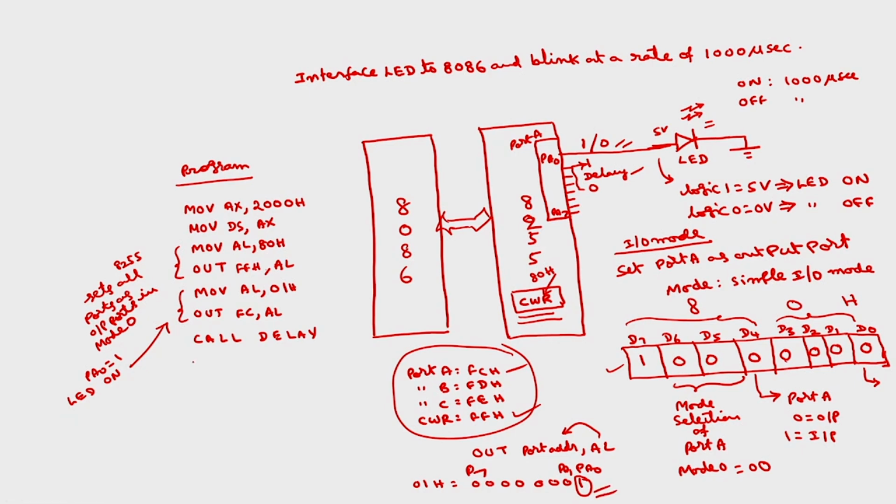For that you take MOV AL, 00H, then OUT onto the same port A. With these two instructions, what happens? PA1 to PA7 also become 0, but I am not interested because I have connected PA0 to the LED. So PA0 becomes 0, which implies the LED is off.